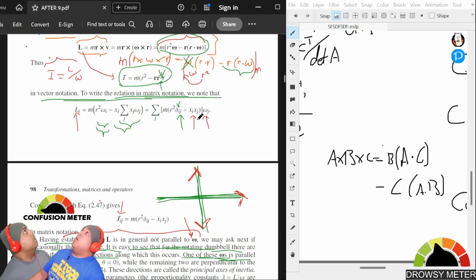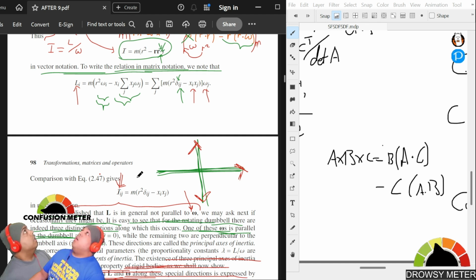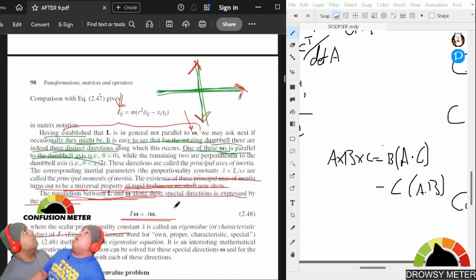You can get the inertial matrix from, yeah, this is weird. I'll end soon.